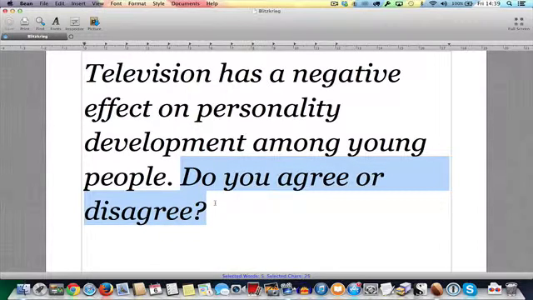As you recall, action words are the words in the question that either instruct the student to do something or elicit action from the student. So in this essay question, do you agree or disagree are the words that instruct the candidate to respond in a certain manner.